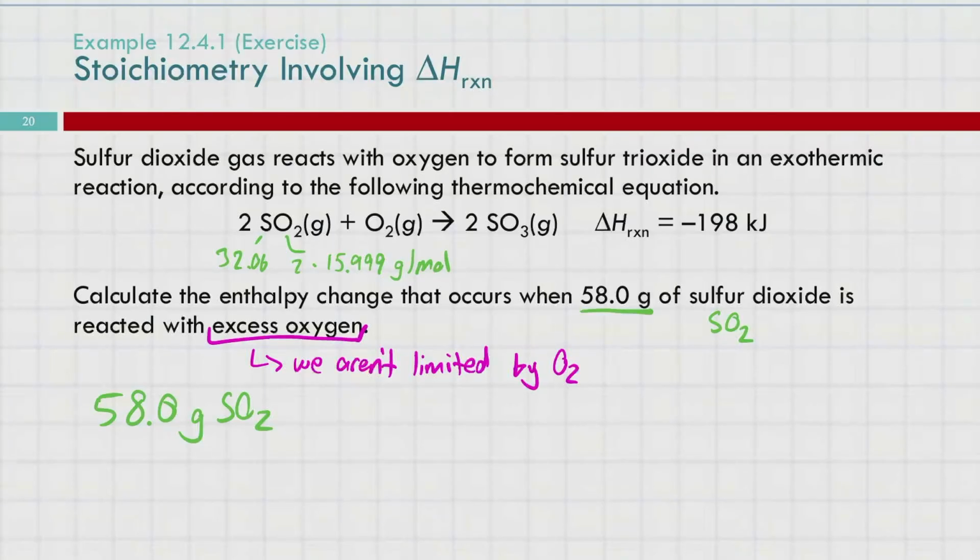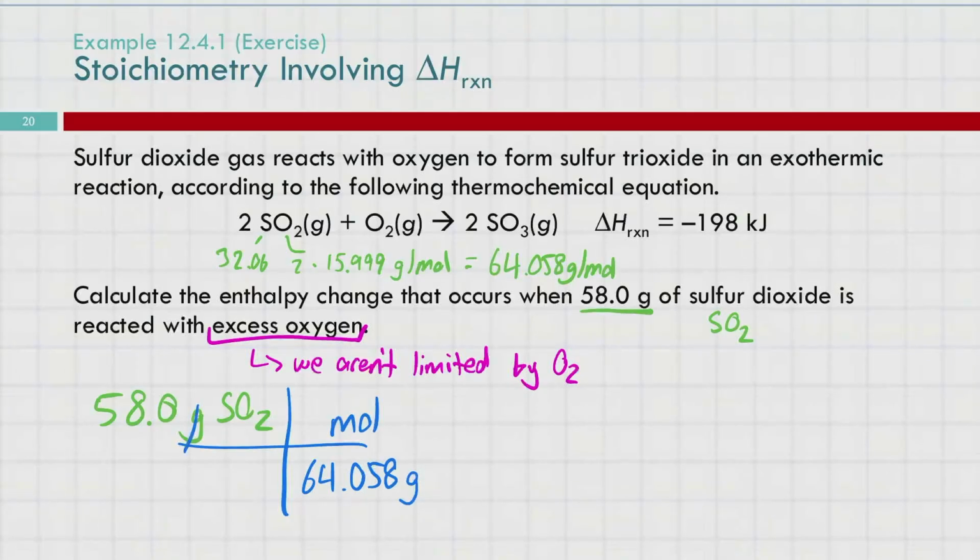Add those together with their grams per mole, should be about 64. 64.058 is a good enough number to use. So we convert our grams of SO2 into moles of SO2 by dividing by our molar mass.